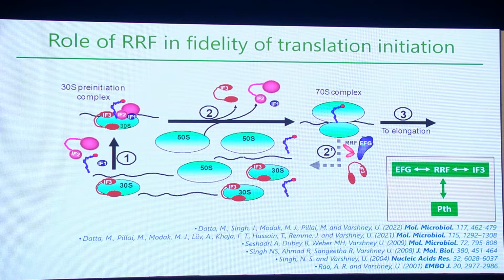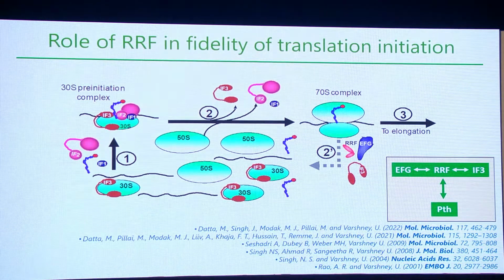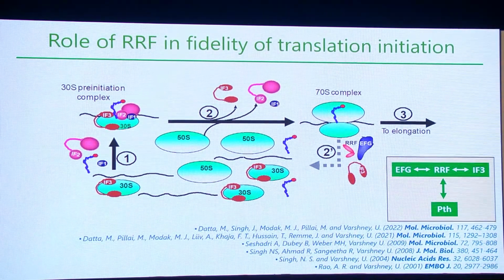But RRF works with EFG as well as with IF3. And we have seen that this RRF can actually disassemble the initiation complex that has been assembled with incorrect tRNA.